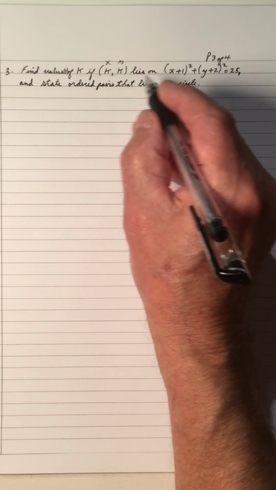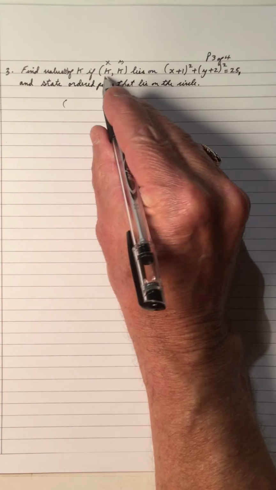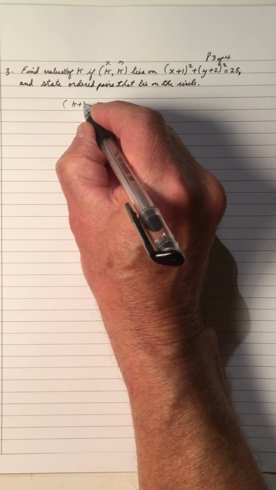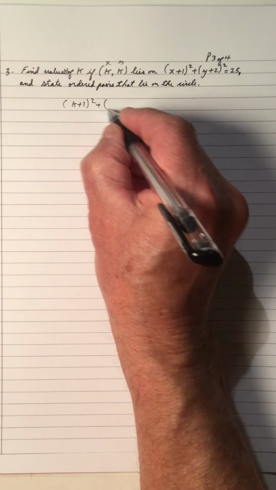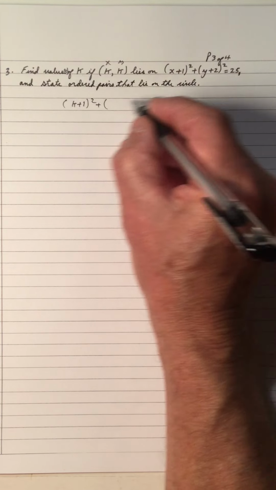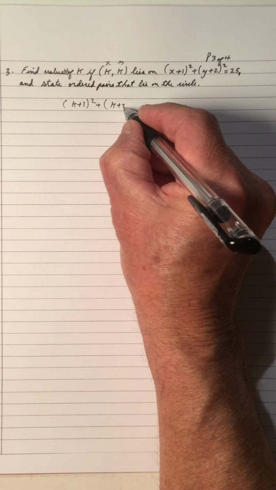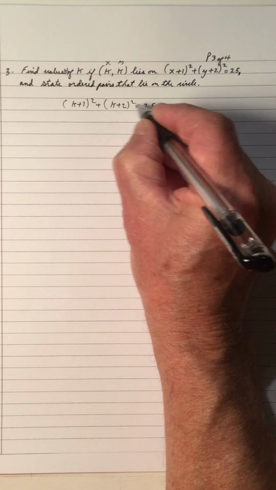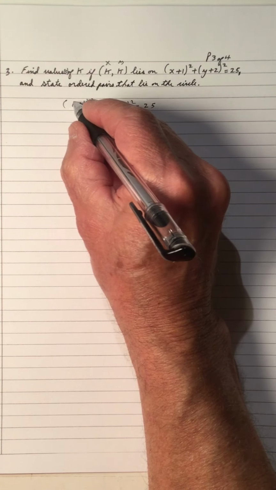So let's sub k is x and k is y equals 25. So the x and the y coordinates are equal.